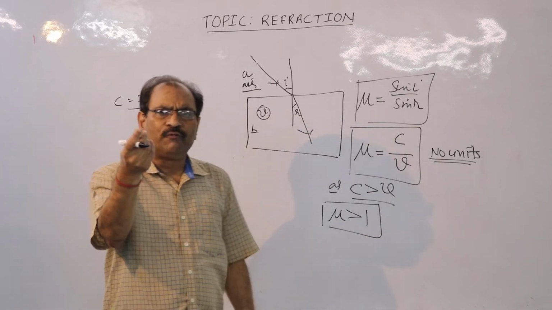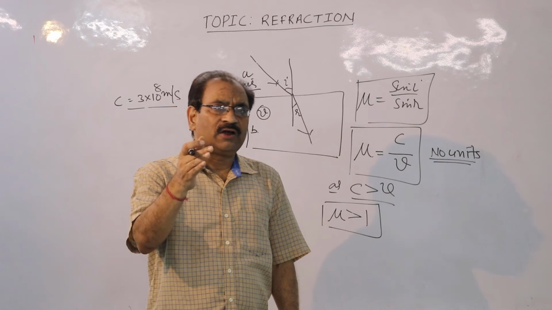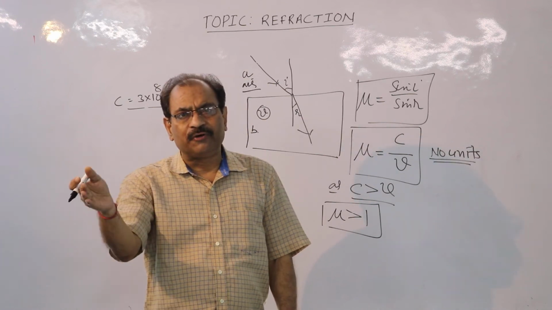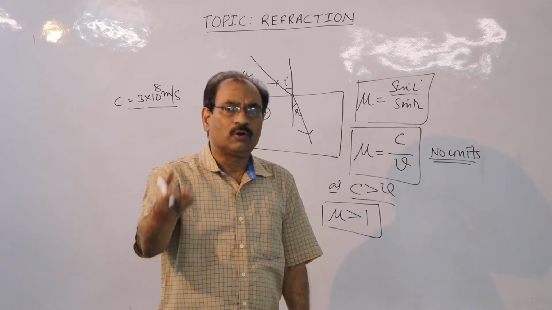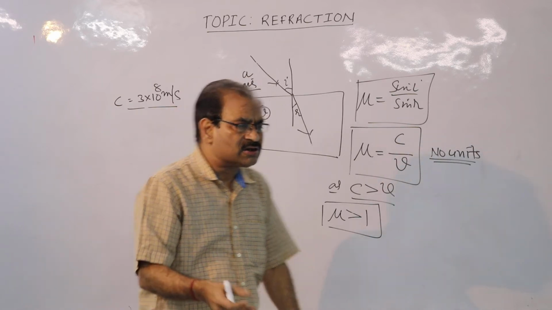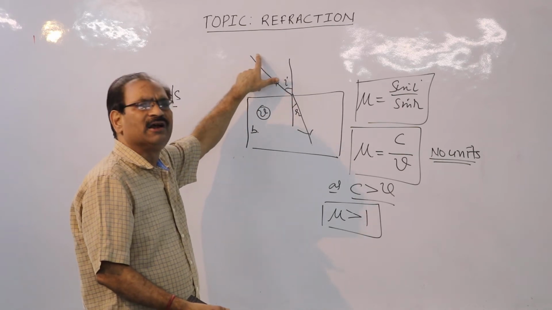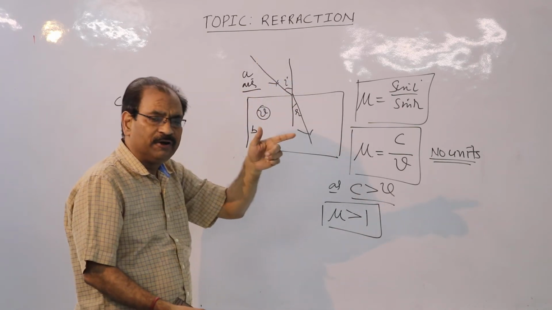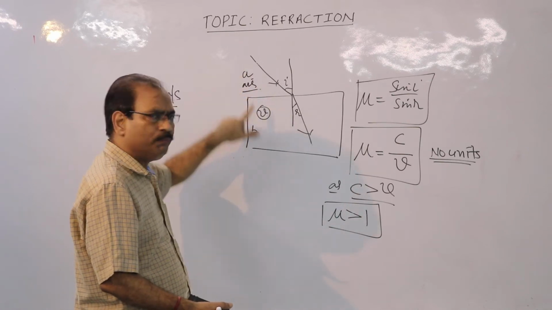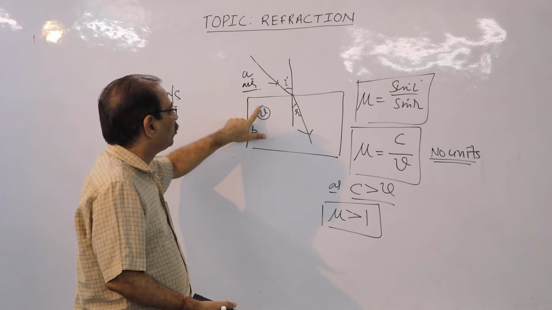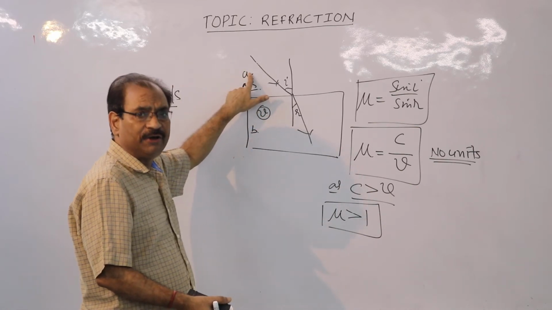Before moving ahead, a simple question is coming to my mind. What is the basic difference between relative refractive index and absolute refractive index? I must give you the answer also. Relative refractive index means when the ray of light moves from any transparent medium to any other medium. For example, when the ray goes from A to B, it is called the refractive index of B with respect to A, the relative refractive index.